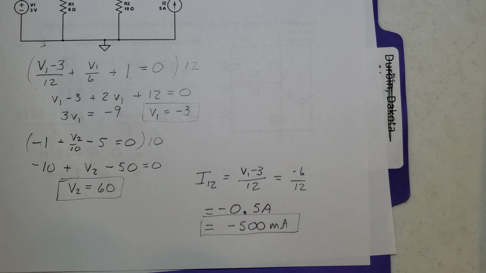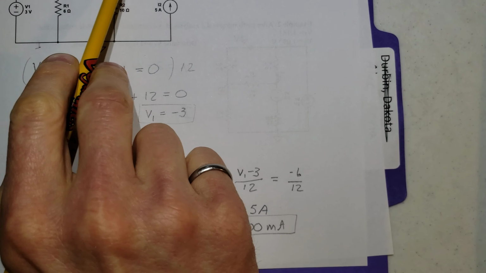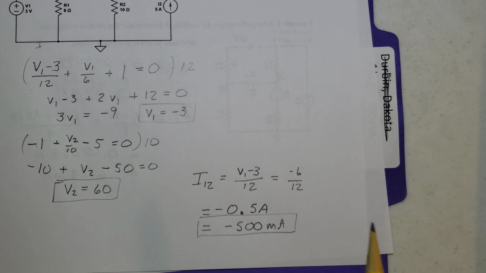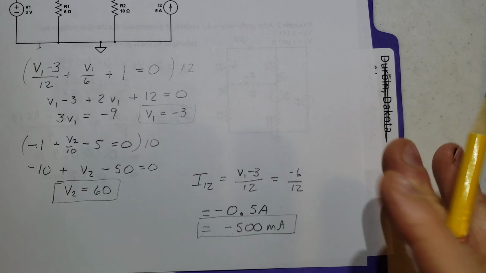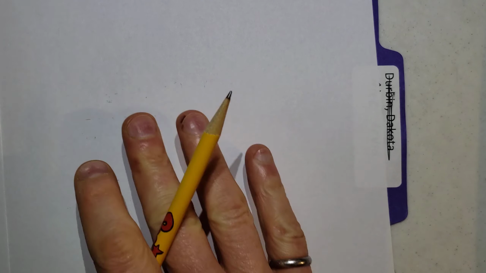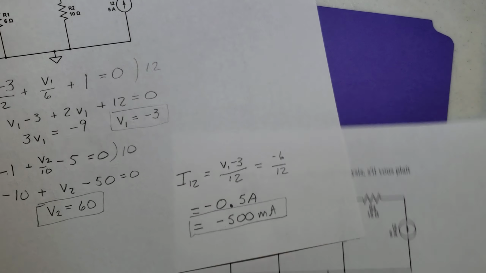Not too bad, but it involved a lot of steps and a lot of algebra. So solving for nodal analysis, we do end up getting the correct equation. We had to multiply by some of the greatest common factors and so forth, but not too bad at the end of the day.